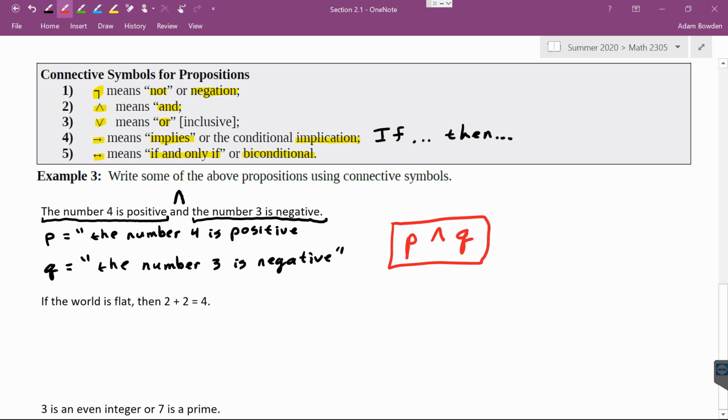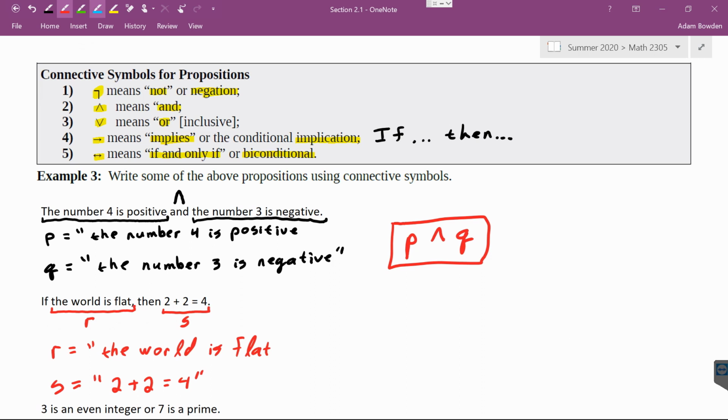Now down here, this next one, let's let R stand in for the first part, and let's let S stand in for the next part. So R is going to stand for the part that says the world is flat. And S is going to stand in for 2 plus 2 equals 4.